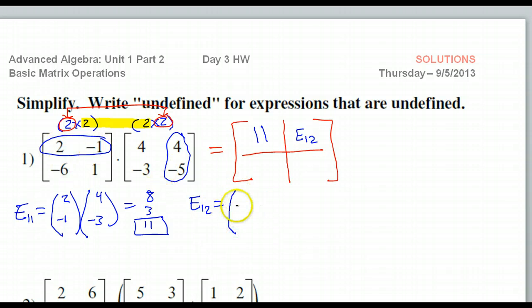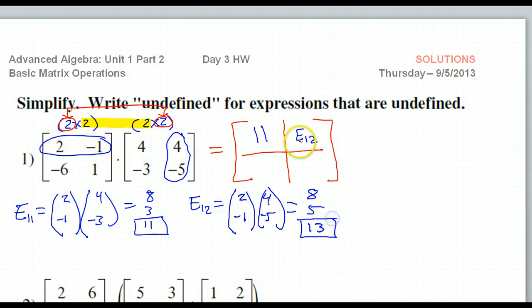So row 1, again, is 2, negative 1. Column 2 is 4, negative 5. Multiplying gives me 8 and positive 5, which is 13. So that gives me element 1, 2.